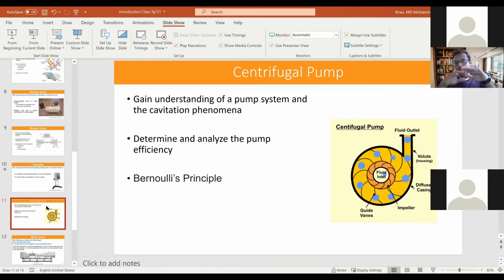The centrifugal pump uses mechanical or rotary energy. It has an impeller in it that rotates and takes fluid from point A to point B using this rotary energy. And when you analyze this experiment, you will also study Bernoulli's principle.